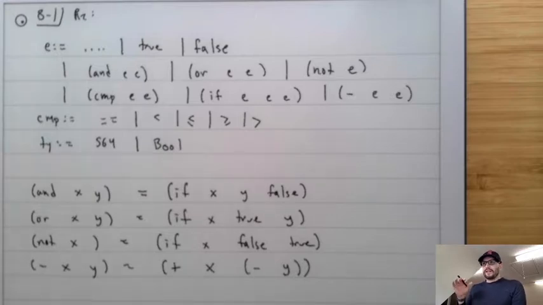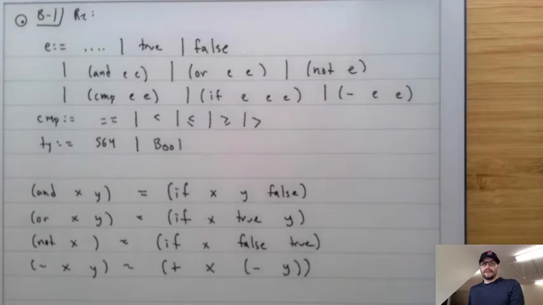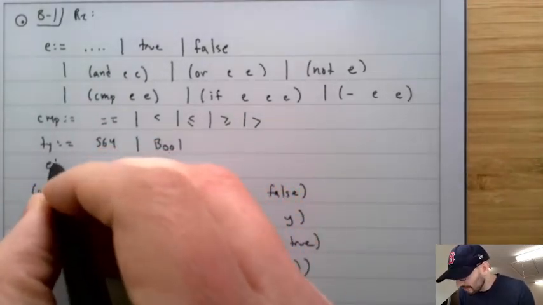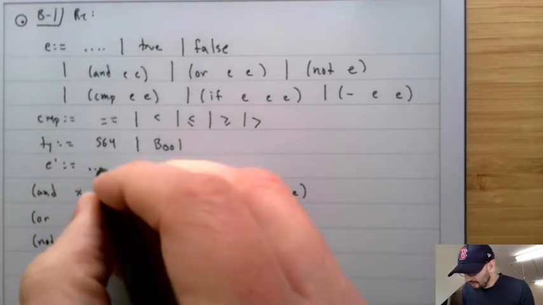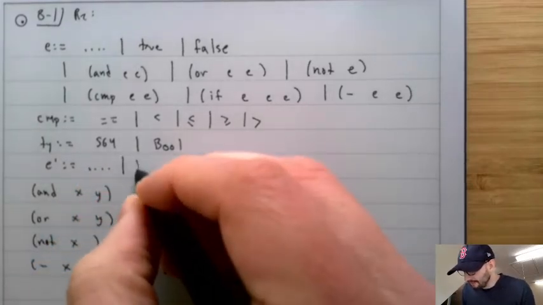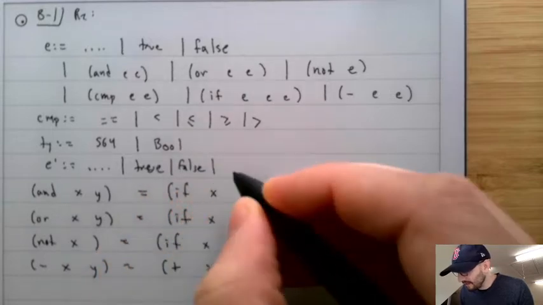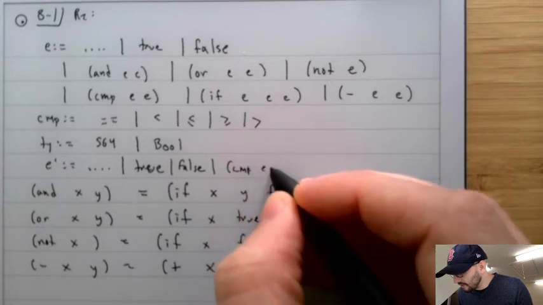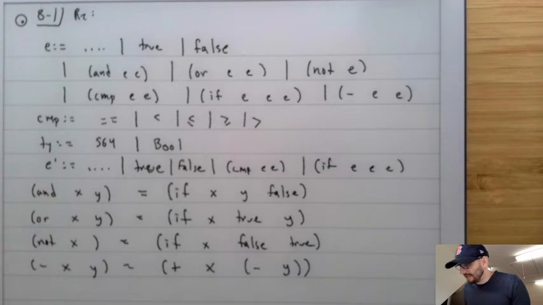But we're going to give ourselves the opportunity to think about R2 programs as being made up of all these features. You can kind of think of it as, this is what the E language is, but we can have an E prime, and this is going to be what the compiler actually sees, and that would be the same things that it used to be, then true, false, the comparison of two E's, and then an if statement of two E's.